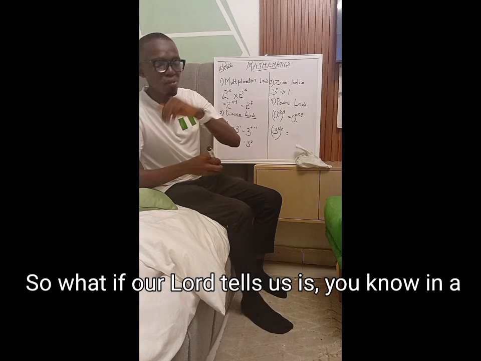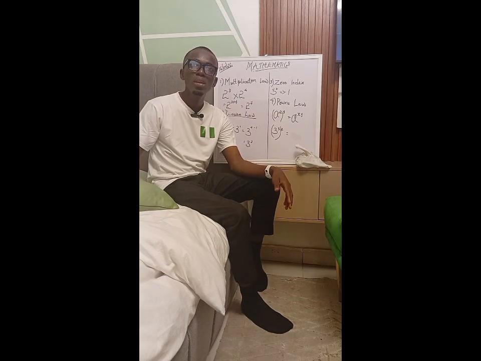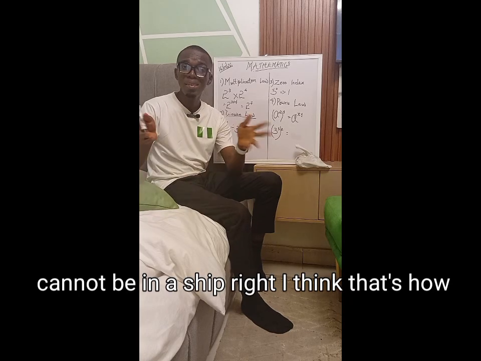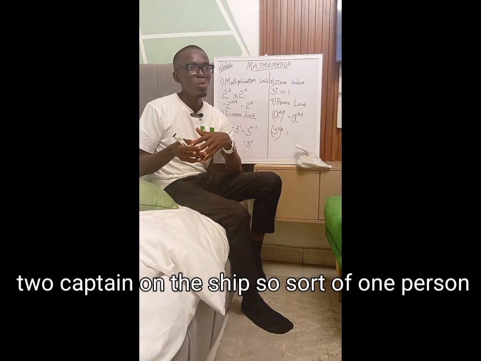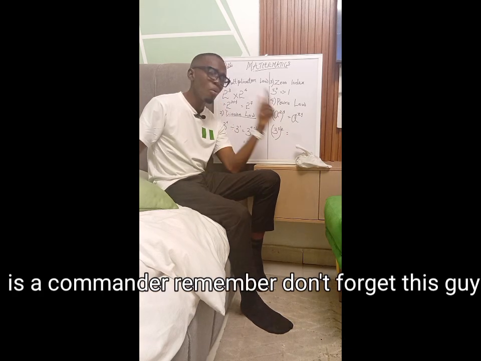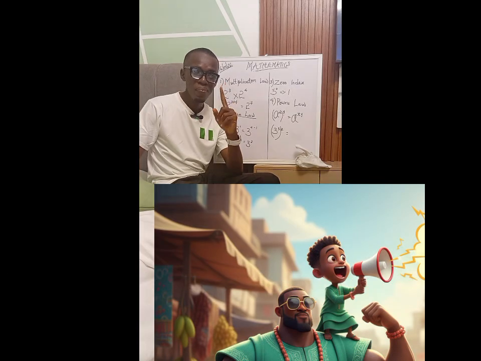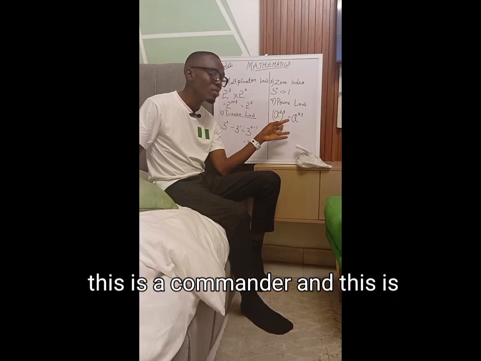So what this power law tells us is, in English language, they'll say two captains cannot be in a ship. So you can't have two captains on a ship. One person has to take the lead. So this guy is a commander. Remember, this commander is our power. And this is also another commander.